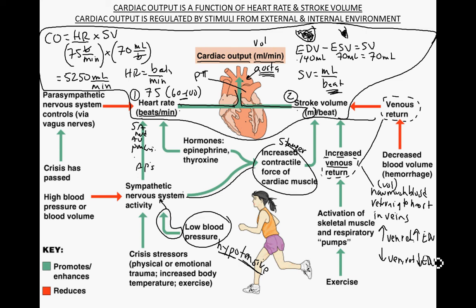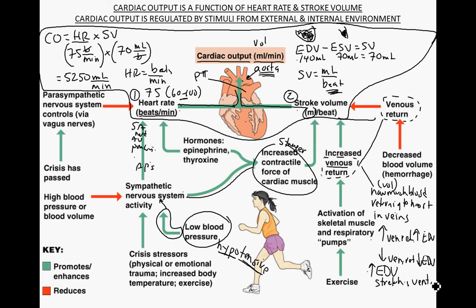So one final thing about Starling's law of the heart and this venous return is that if my end diastolic volume goes up, this stretches the ventricles even more. And those stretched ventricles will then be signaled to contract with even more force.